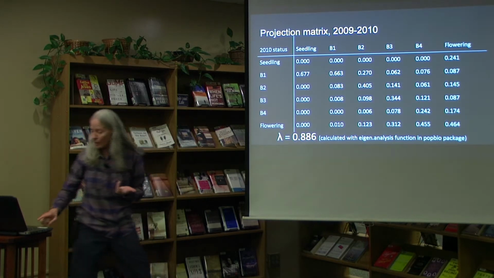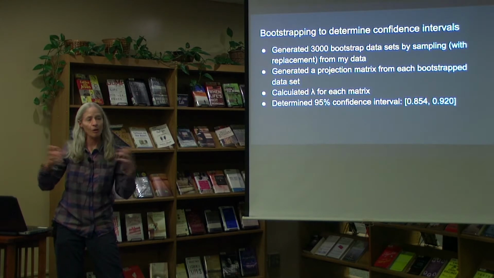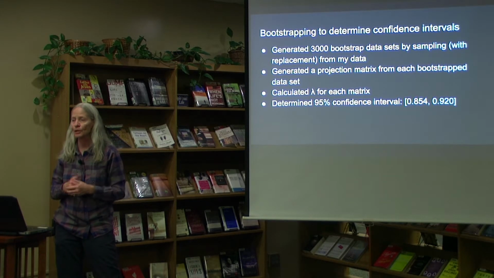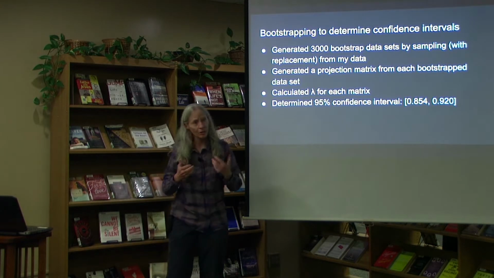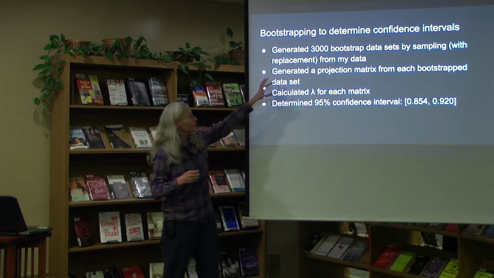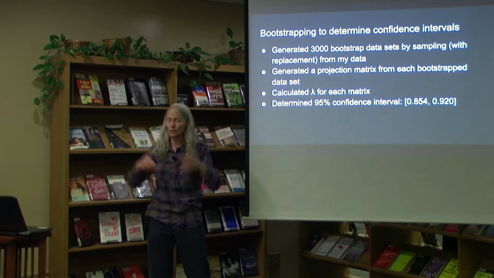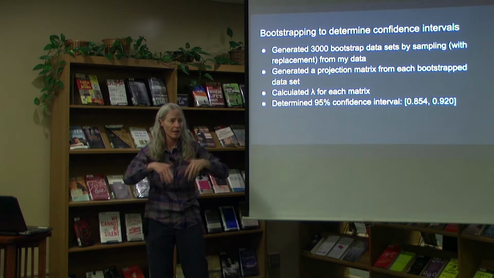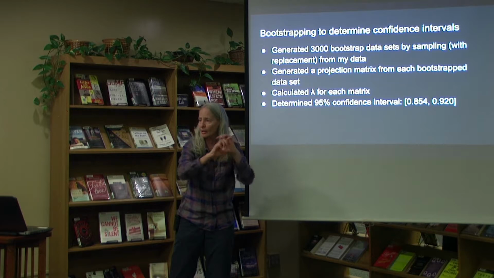Then I did some more math to figure out how confident I could be in that data. So I used R to do bootstrapping. With bootstrapping, I generated sample data sets by sampling with replacement from my data. I've got 900 plants, and I sample with replacement to create a new sample.